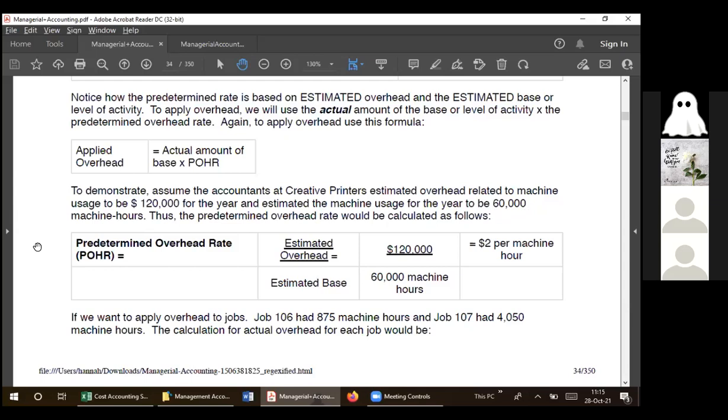So the company spends $120,000 for machinery usage. That is the repair and maintenance of the machinery, the electricity consumed by the machinery, and the other inputs into the machinery. So you have $120,000 for the year spent on machinery, and the machine works for 60,000 machine hours.